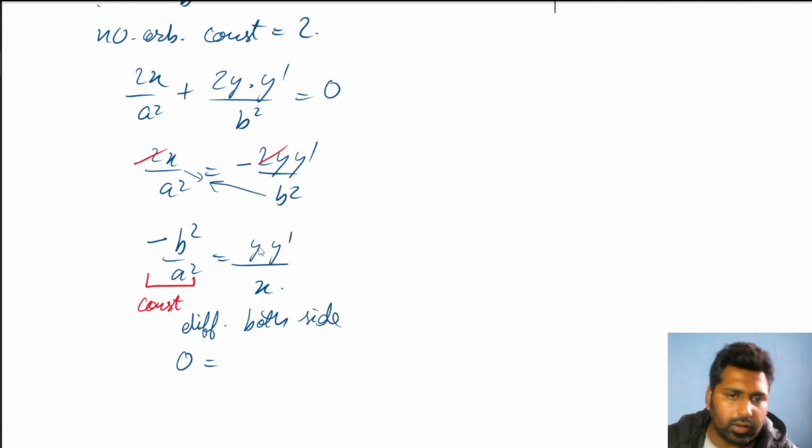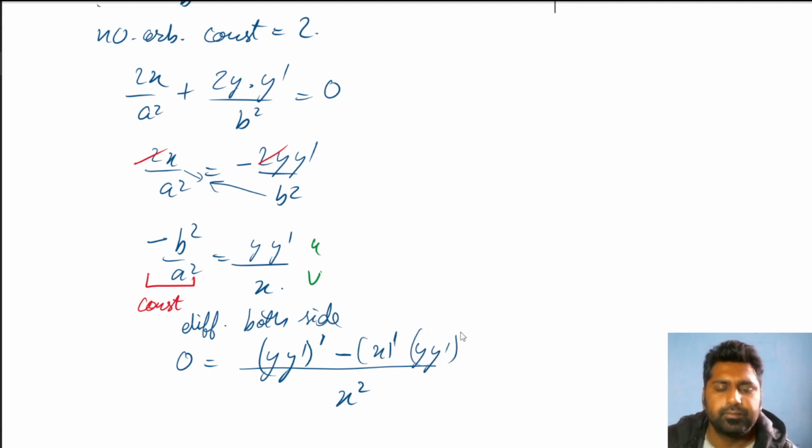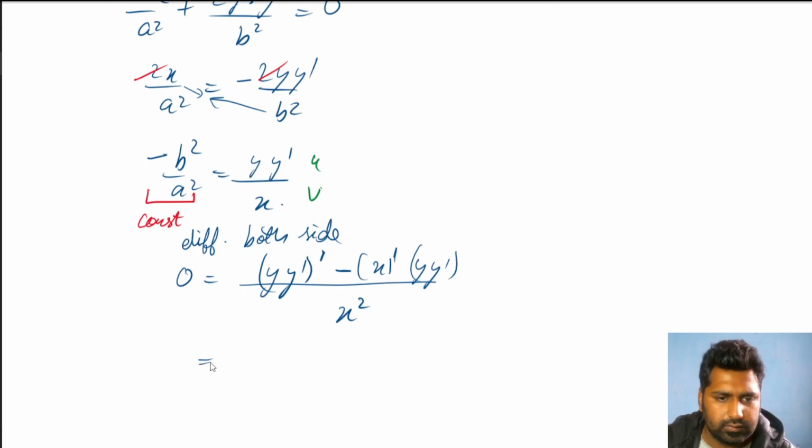Zero is equal to, now in order to do the differentiation, this is slightly tricky. First of all, there is u by v, so we have to differentiate using this u by v. So x square, then u dash v, that means y dash differentiation minus differentiation of x into y dash, is equal to 0.